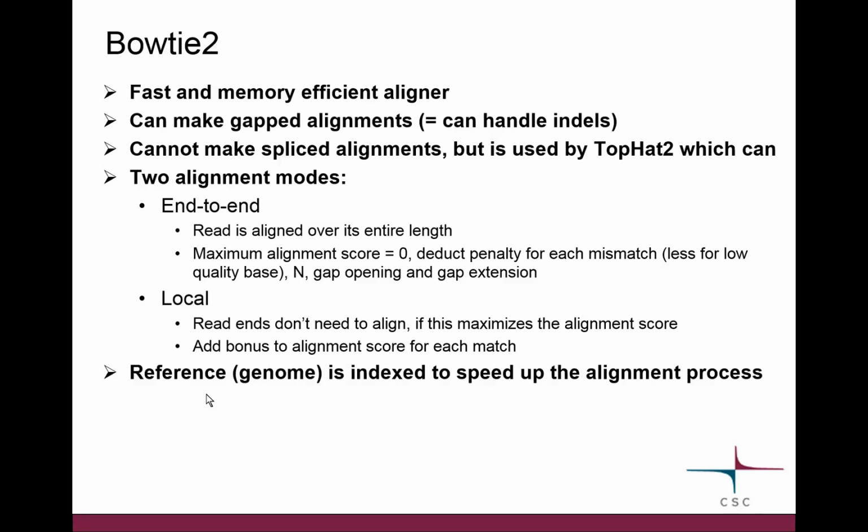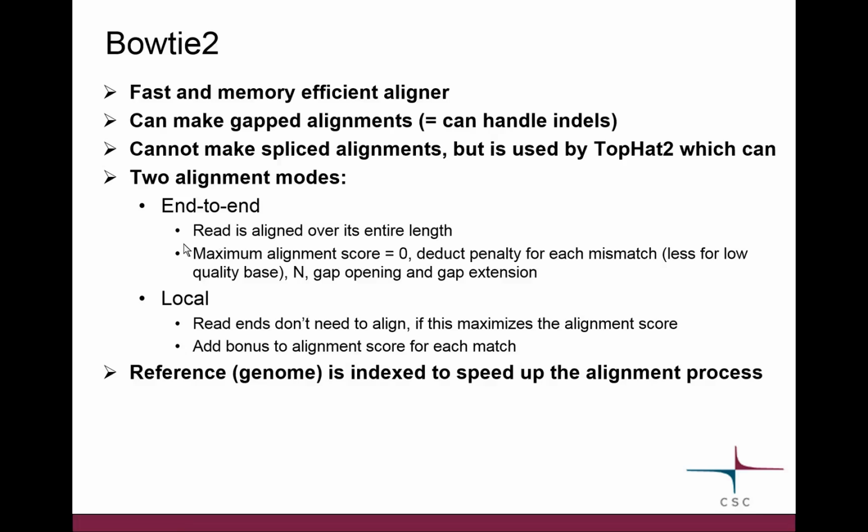Even if we are going to now talk about the TopHat aligner, I'll say a couple of words about another aligner called Bowtie 2, because TopHat uses this behind the scenes. The thing to note here is that Bowtie 2 can run in 2 modes, but when it's automatically run via TopHat, it's always running in this end-to-end mode, which means that it requires that the read is aligned from the beginning to the end.